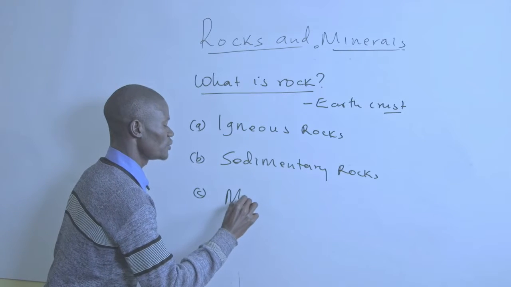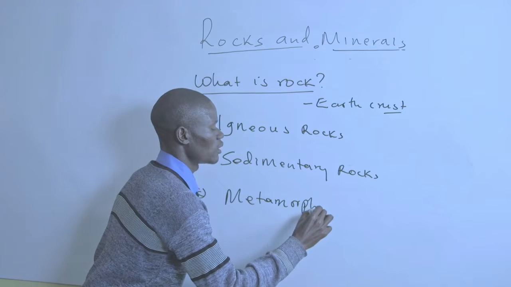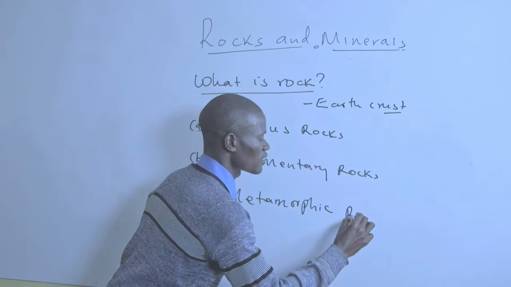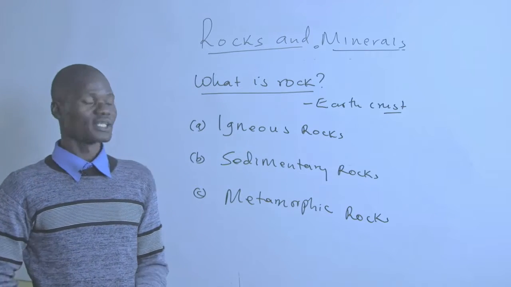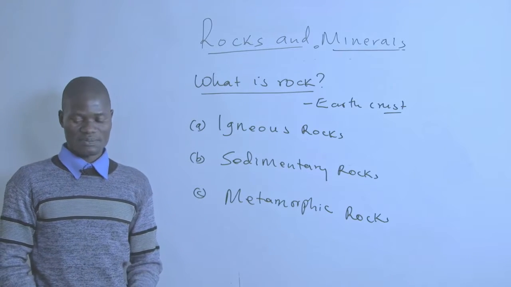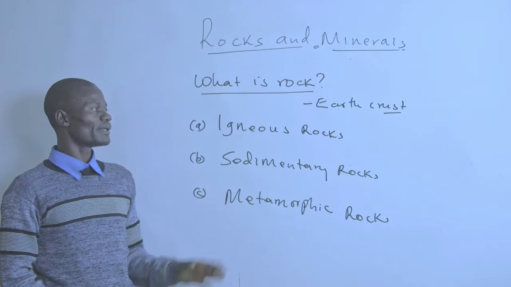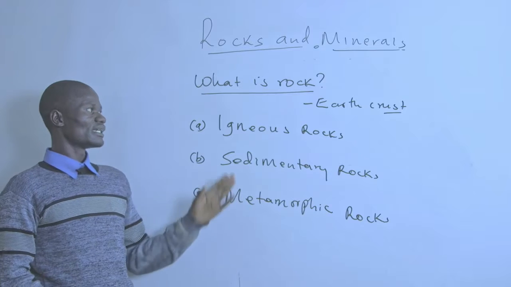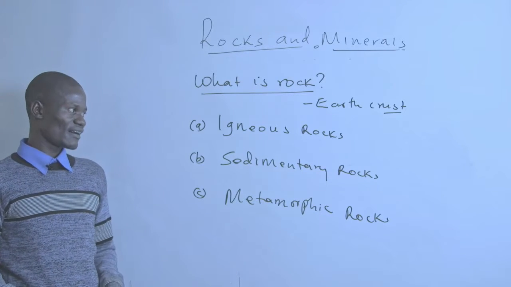And three, we have what we call metamorphic rocks. These are the three classes of rocks. We will look into details of each and every class and what types of rocks it has.